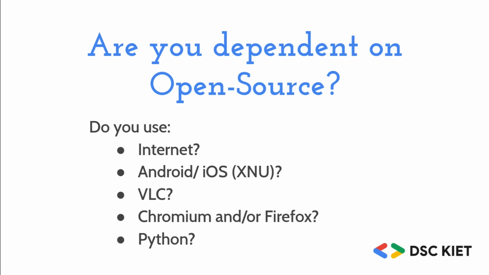Even if you are surfing the web, Facebook and all those websites, because we know websites are hosted on servers, and most of the servers in the world are running Linux. Are you using Android phones or even iOS phones? Android uses the Linux kernel and iOS uses the XNU kernel. Both of these kernels are open source. Isn't it amazing? I'm sure you must have used the VLC media player.